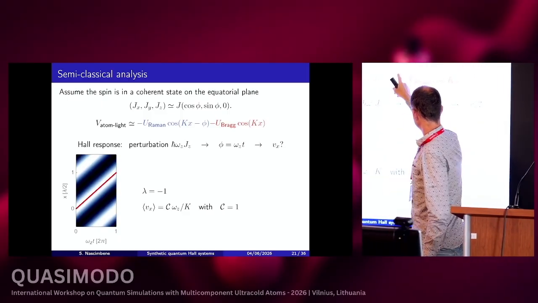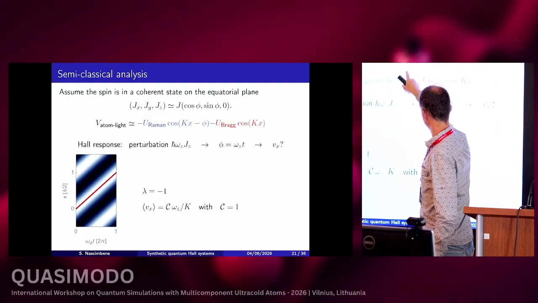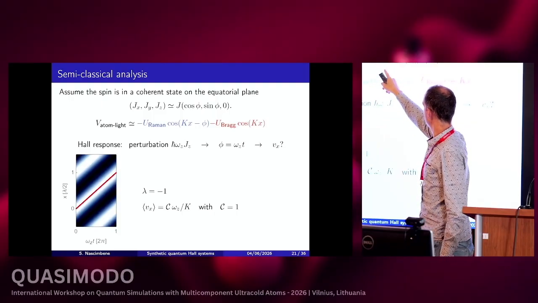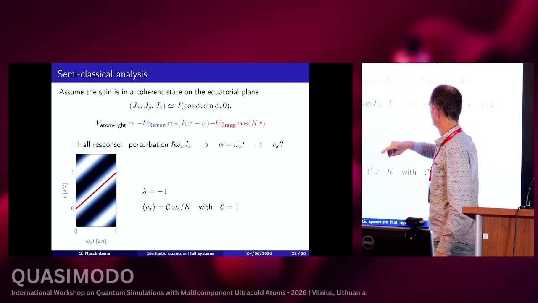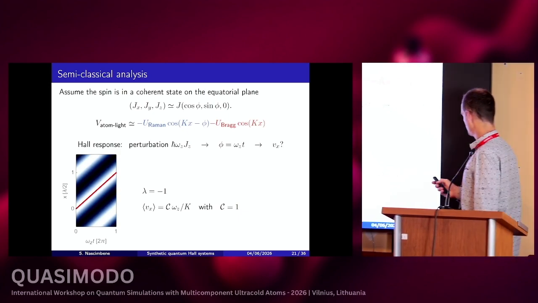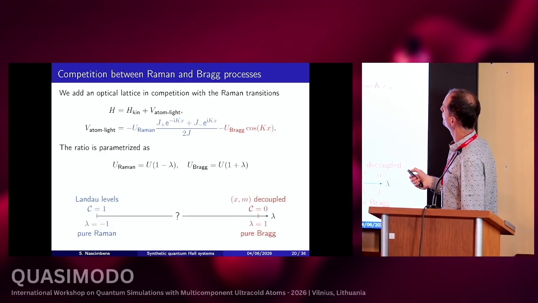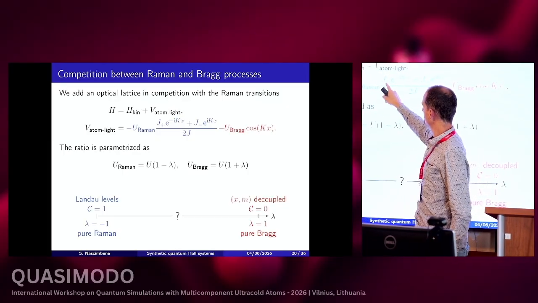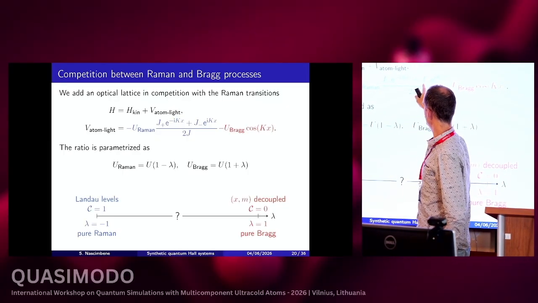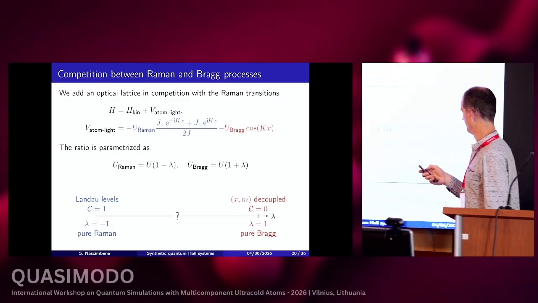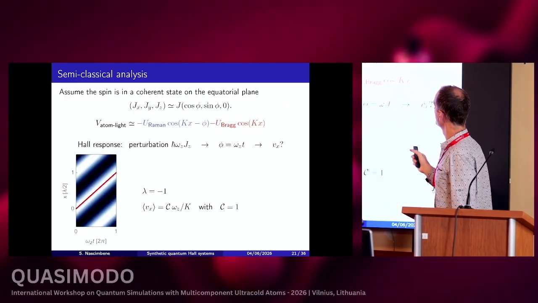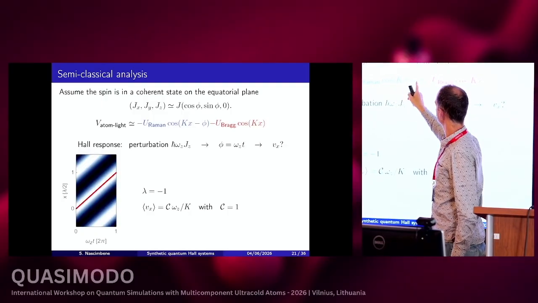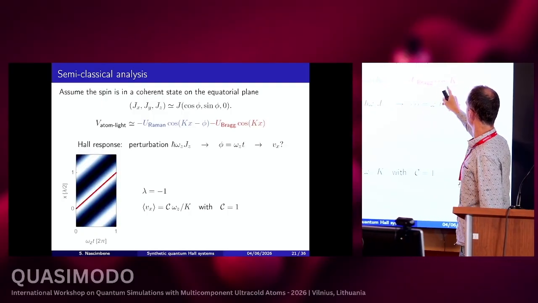And so I'm interested in the evolution of the azimuthal angle of the spin. So Jx, Jy are J cosine phi and J sine phi. And then if I go back, J plus will be given by J e^{i phi}, J minus by J e^{-i phi}. And so the Raman coupling becomes cosine (kx minus phi) that competes with cosine kx.